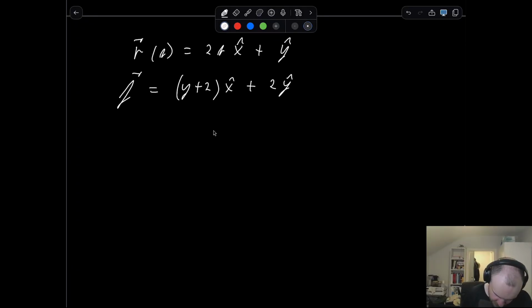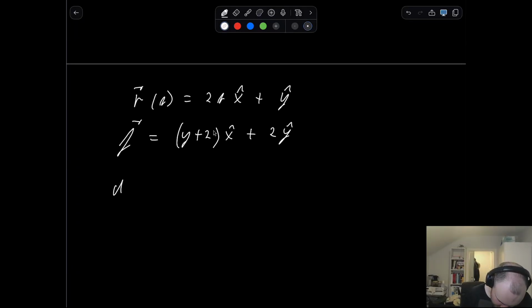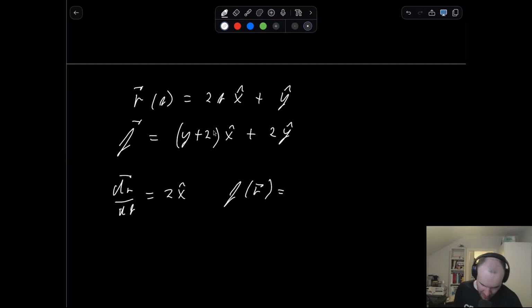Then I just do dr/dt of 2t, that's just 2, so 2 in the x hat direction. Y isn't anything. And then F in terms of r. What is F in terms of r?